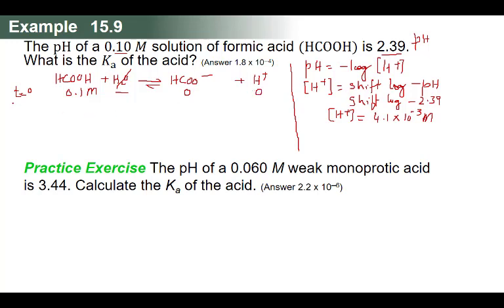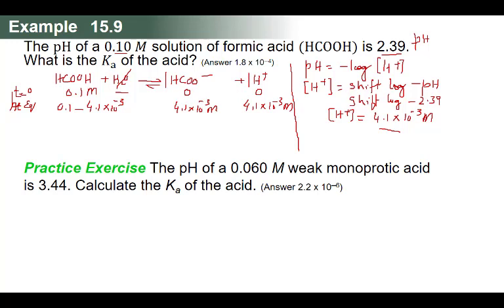After the passage of time, the equilibrium comes, and at equilibrium it will be 0.1 minus how much hydrogen goes from here, consumed. So minus 4.1 times 10 to the power minus 3, and the formate ion will also be 4.1 times 10 to the power minus 3 molar, and the hydrogen ion will also be 4.1 times 10 to the power minus 3 molarity, because formate is 1, hydrogen is also 1, so they both will be equal.